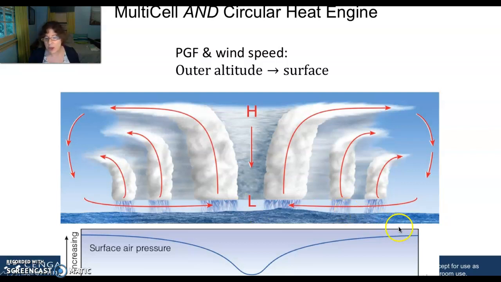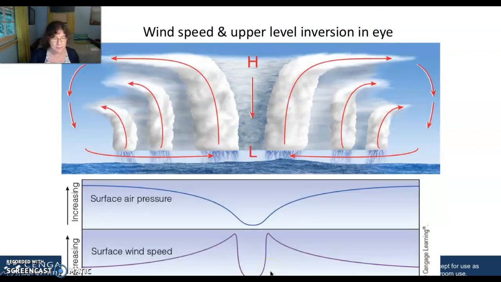That's where you will note here that the surface air pressure tends to be high at the sides of the hurricane and tends to be very low, bottoming out right under the eye of the hurricane. You can see that this is a pressure gradient force that's going to drive from high pressure into low pressure and drive those winds.